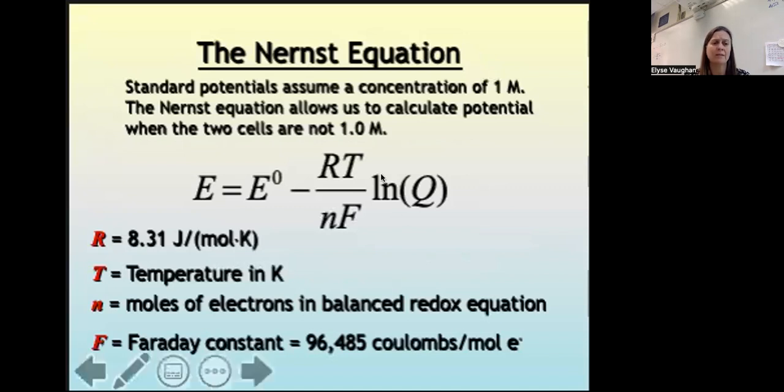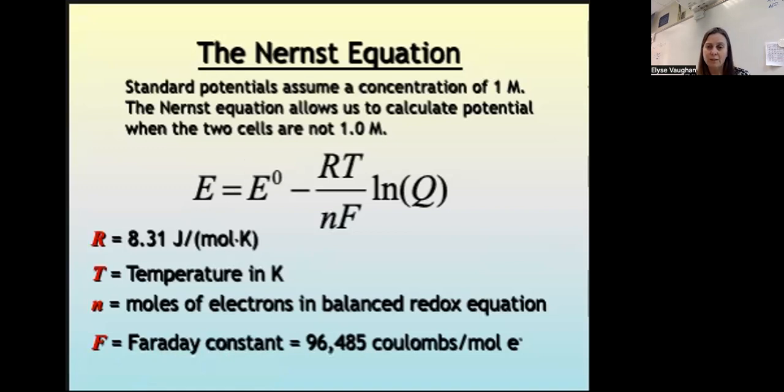But because we have this natural log of Q expression and we're subtracting that, if Q is less than 1, the natural log of it is going to be negative. And so we're going to increase the cell potential. If Q is greater than 1, that's going to be a positive number, and we're going to decrease the cell potential.